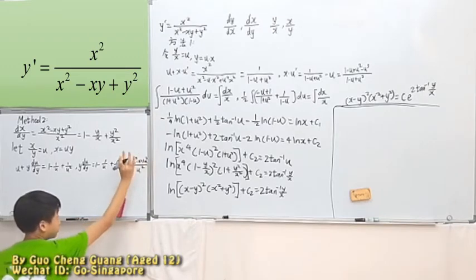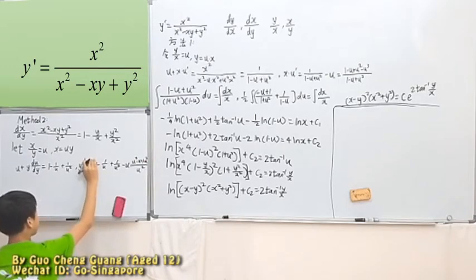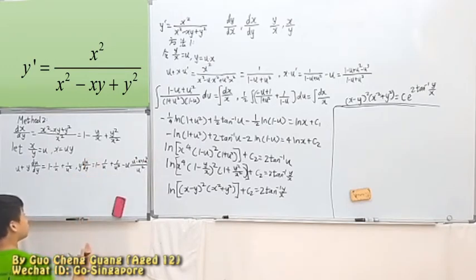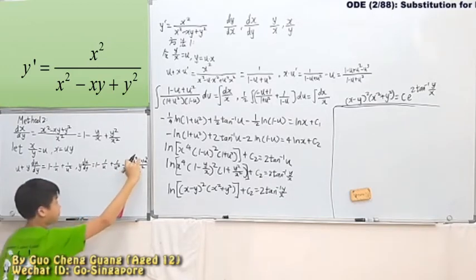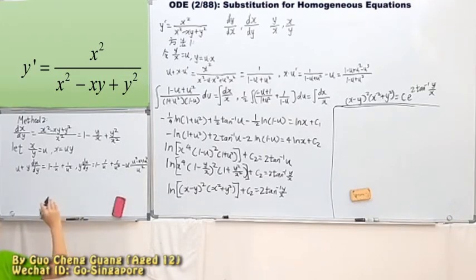After that, what do you need? u is on one side, but this du is here. But why this times and this divide? We want to put u on one side, y on the other side. So that means you have to divide this whole thing. That is why I need to use this common denominator.